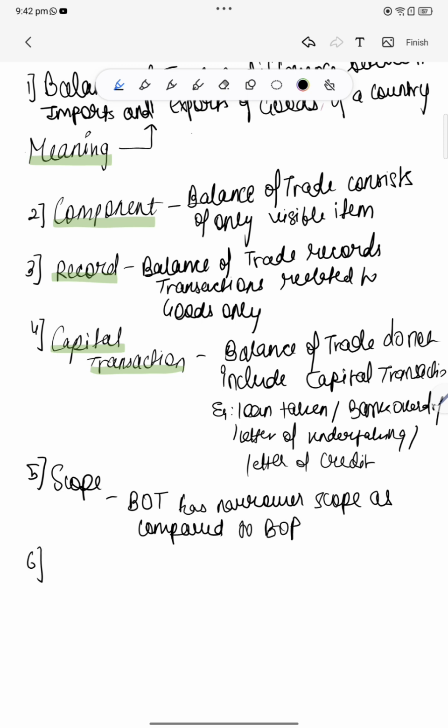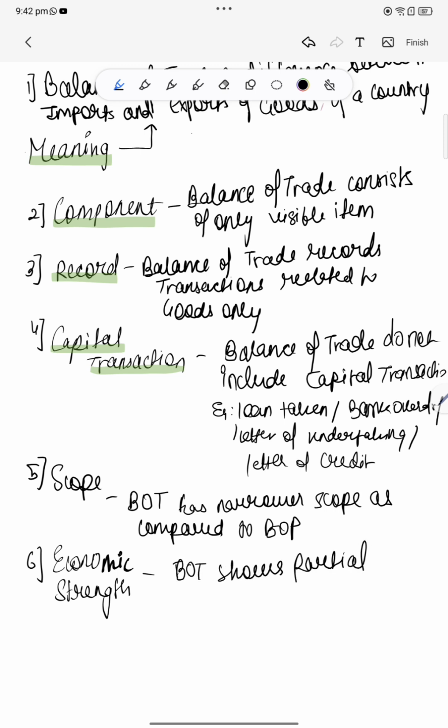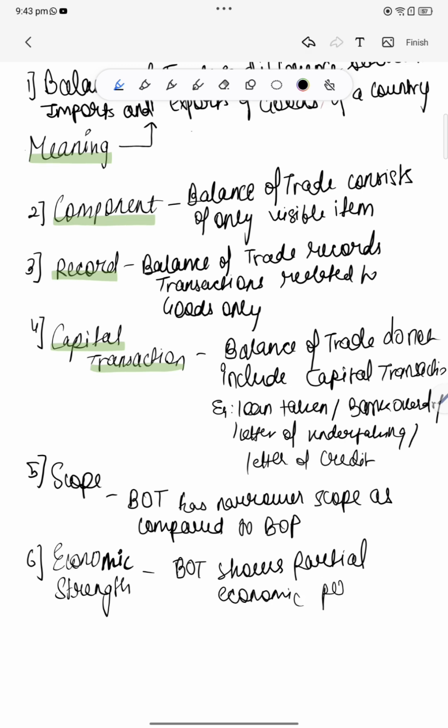Sixth comes economic strength. Balance of trade shows partial economic performance and status.